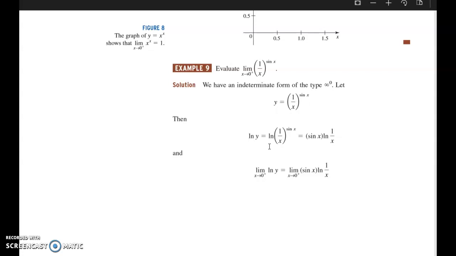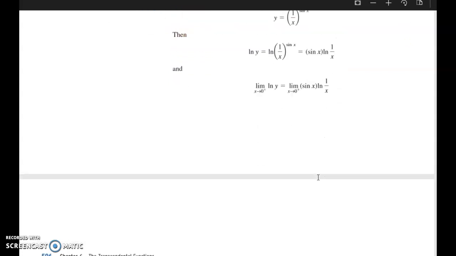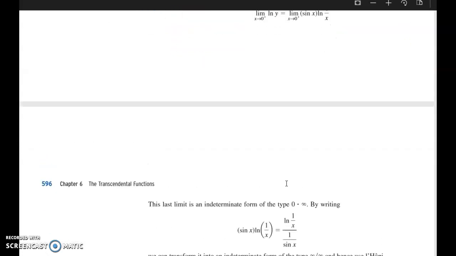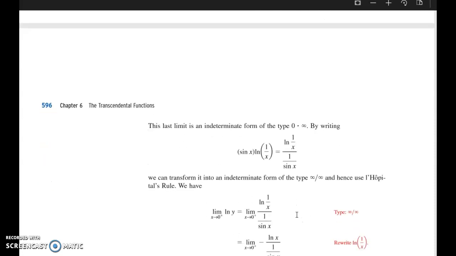Next is taking logarithm on both sides. So log y equal to ln of 1 by x raised to sin x, which is equal to sin x into log 1 by x. And limit x tending to 0 plus of log y equals limit x tending to 0 plus of sin x into log 1 by x.